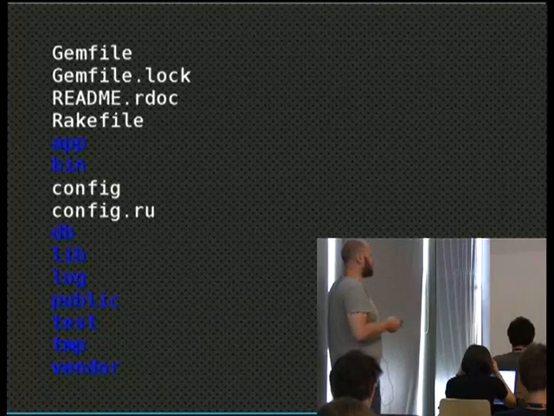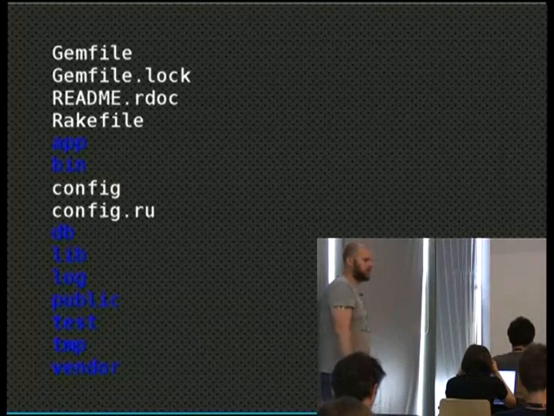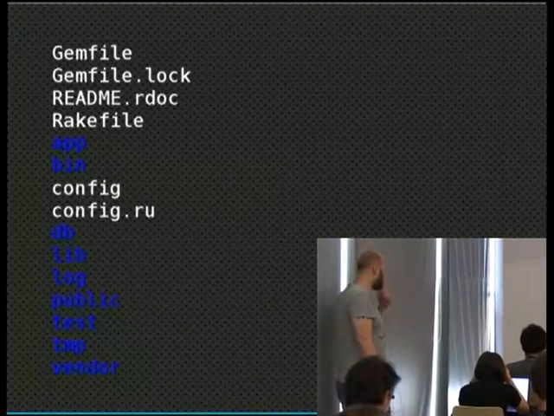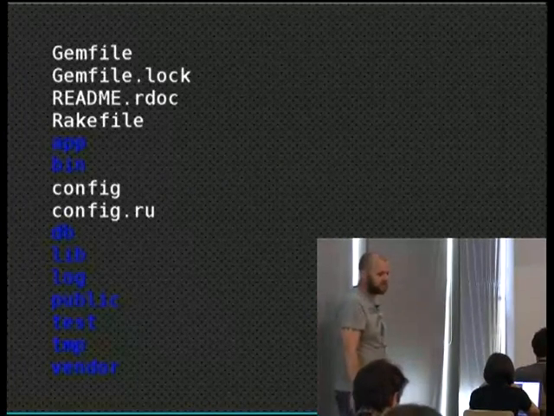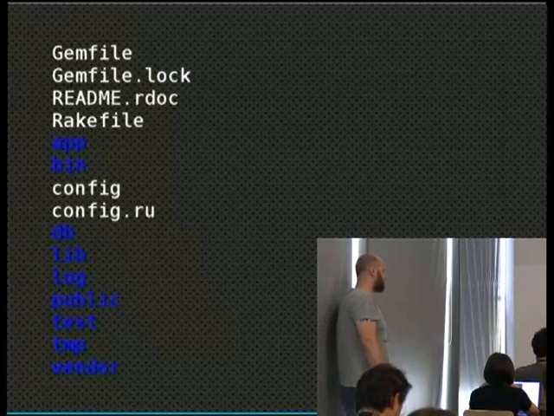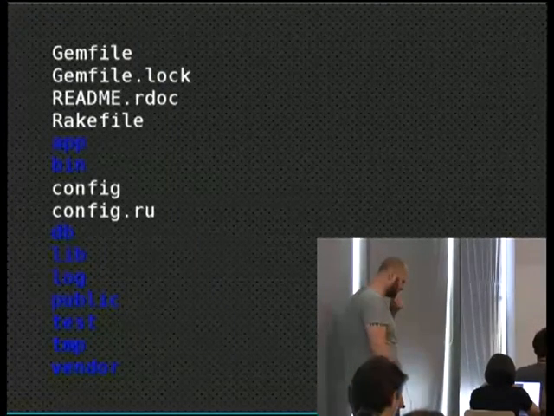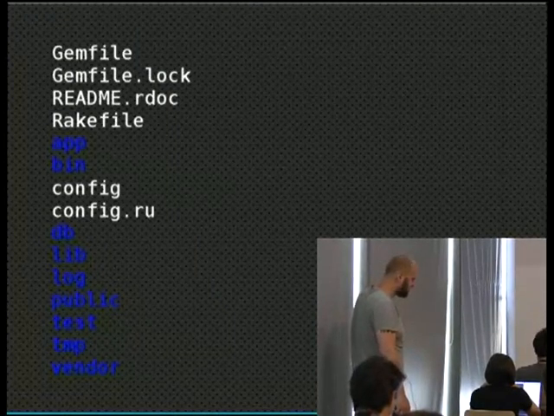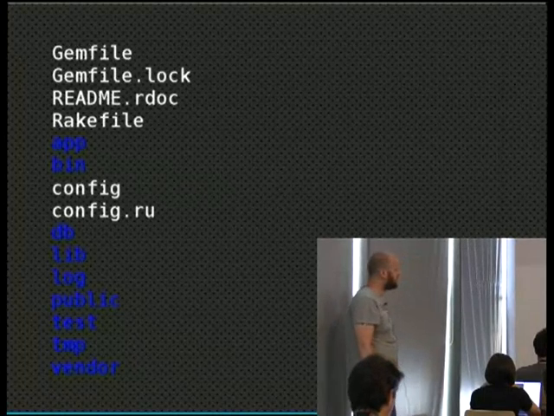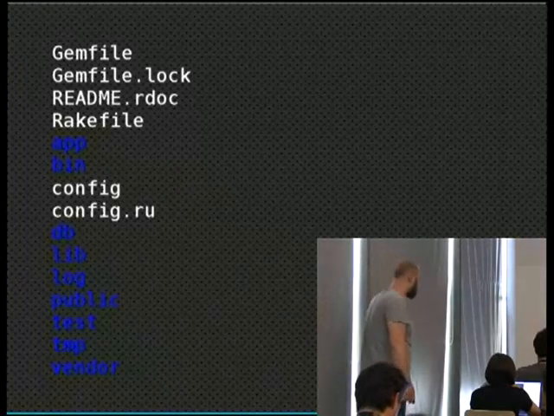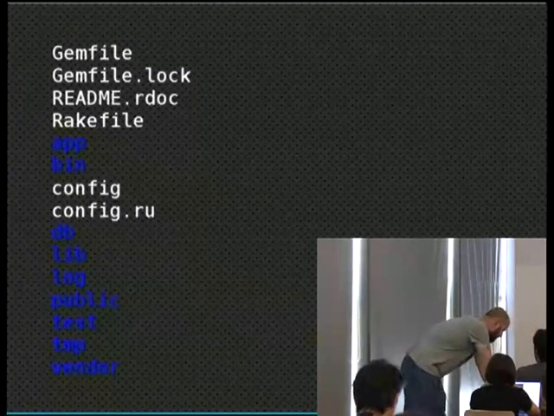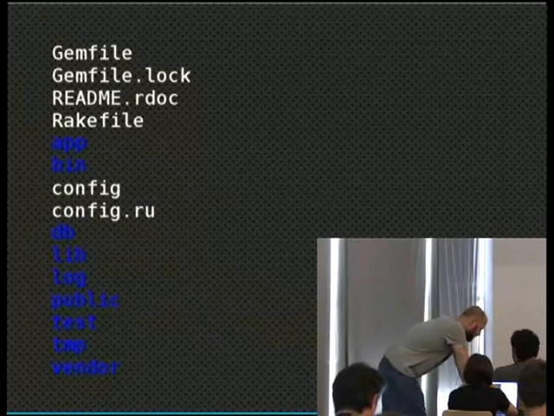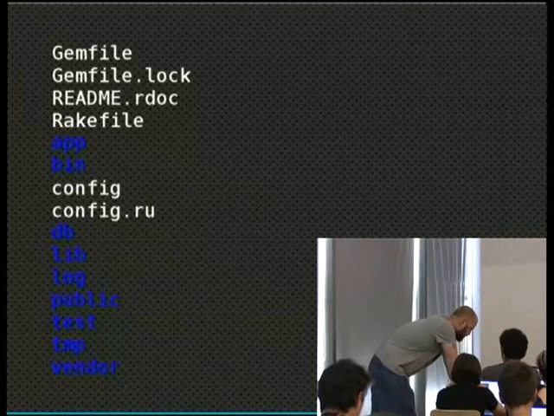So you can look at the configuration, the Gemfile, there's a README in there, all standard Ruby stuff. You see, there's JavaScript, style sheets, images, you could have more stuff there.